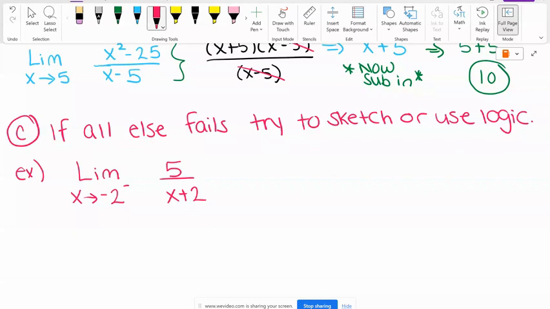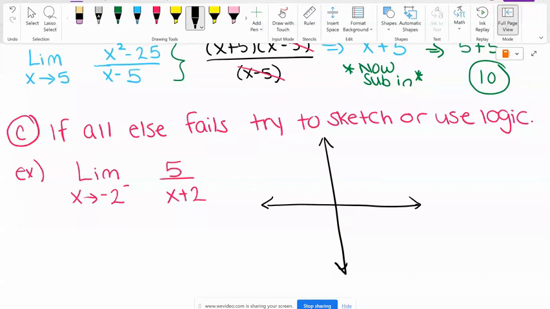You tell me, what is 5 over x plus 2? Something that we've sketched a lot of. The one with the asymptotes. Who remembers what that's called? Rectangular hyperbola. You got it. So we're going to sketch this. Don't worry about that 5 in the numerator. It really isn't going to affect us.